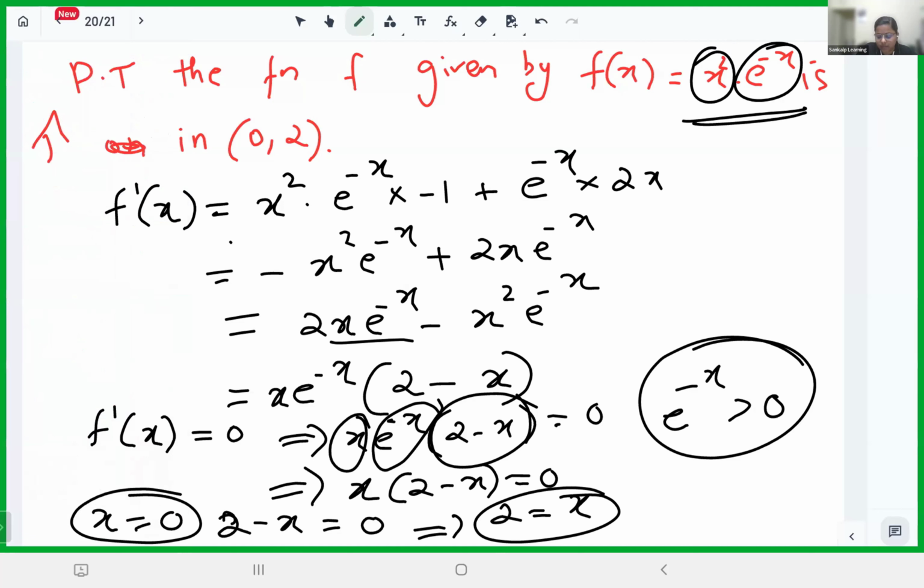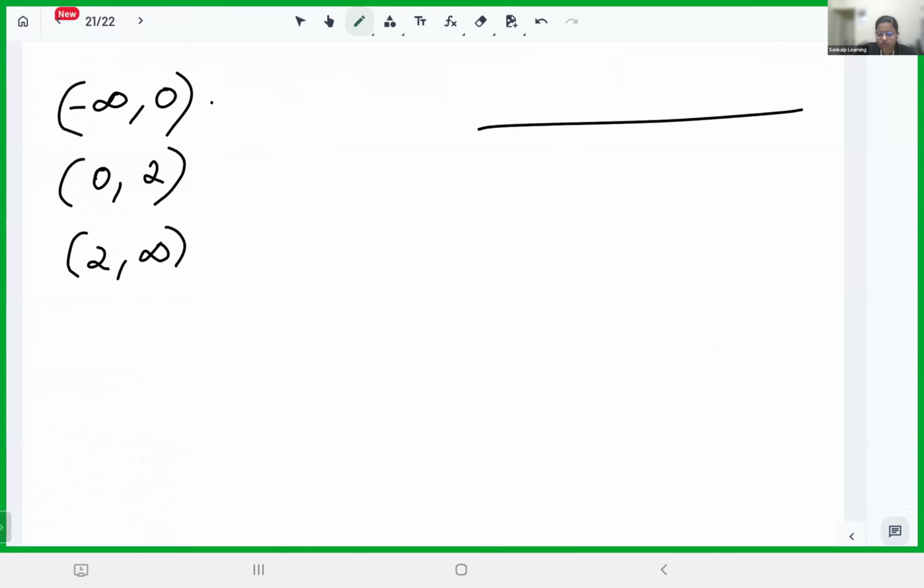The domain of the function is the set of all real numbers, which means the critical points divide the domain into 3 intervals. The first interval is minus infinity to 0, the second is 0 to 2, and the third is 2 to infinity, because x equal to 0 and x equal to 2 are the critical points of the function.